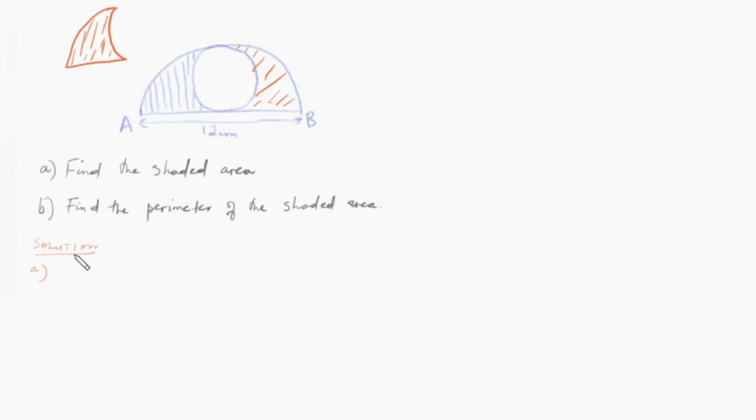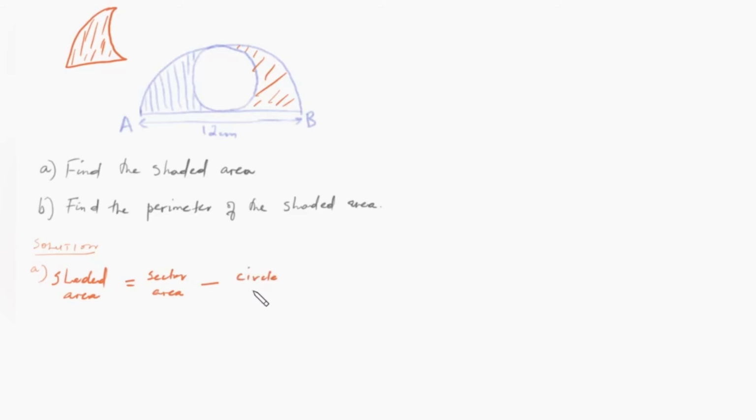Now, we are saying the shaded area here will be equal to the sector area minus the circle area.